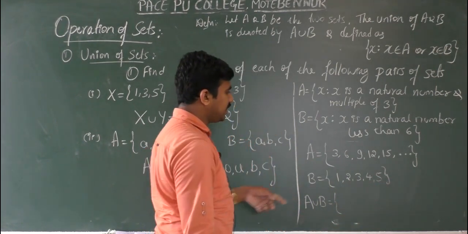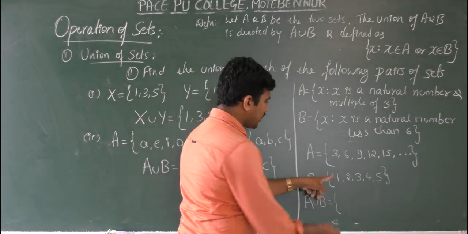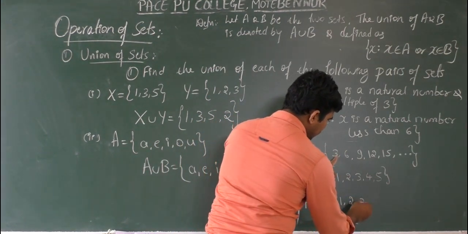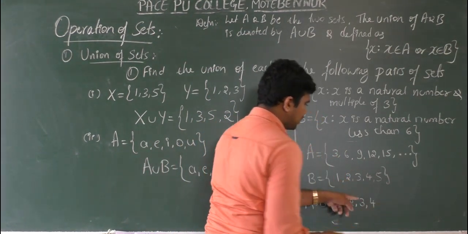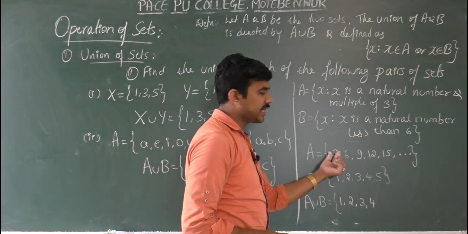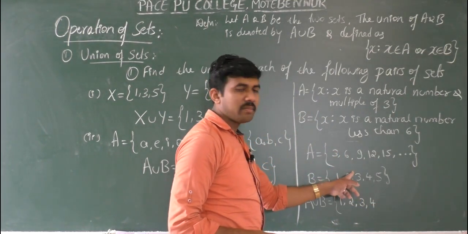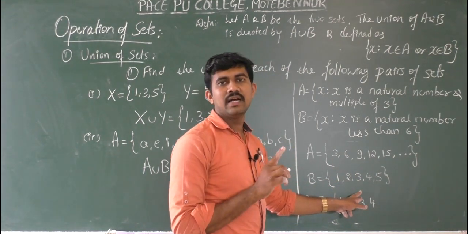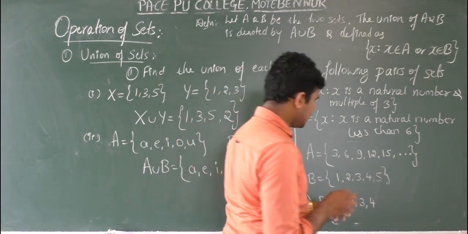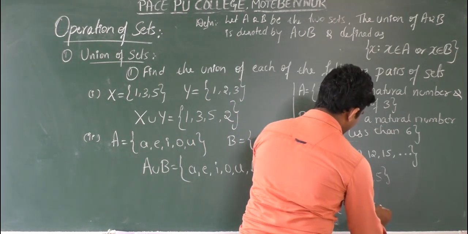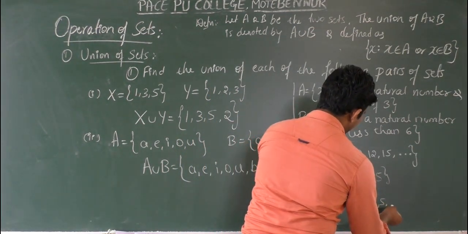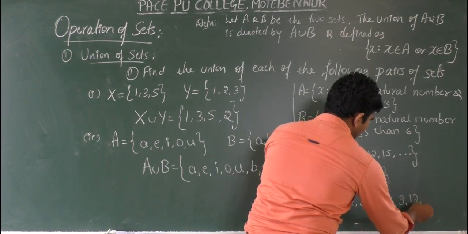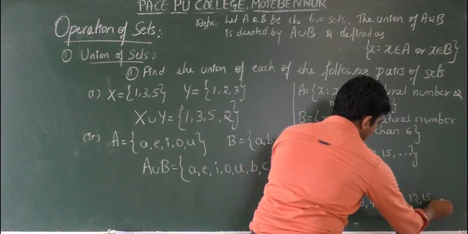Okay, A union B, write all the elements, that is 1, 2, 3, 4. Write 3 once only, don't write it again because we have 3 in common, but here don't repeat the element more than once inside the flower bracket. 1, 2, 3, 4 and 5, here 5 you have, next 6, next 9, 12, comma 15, comma and so on.